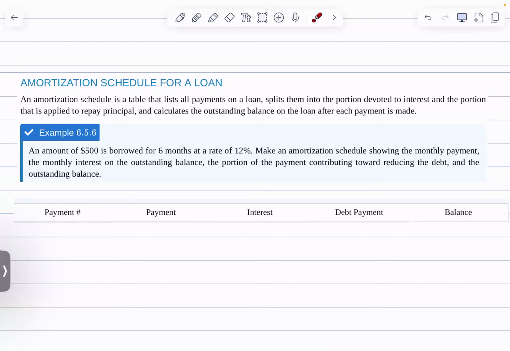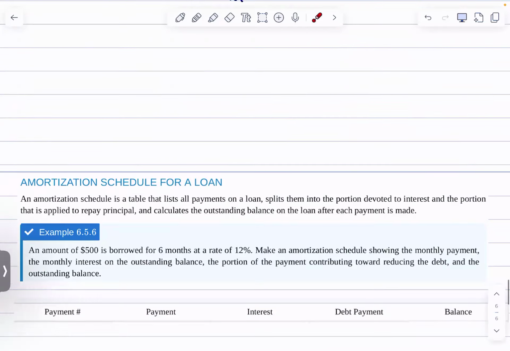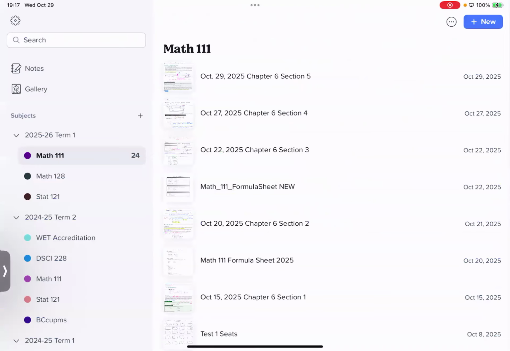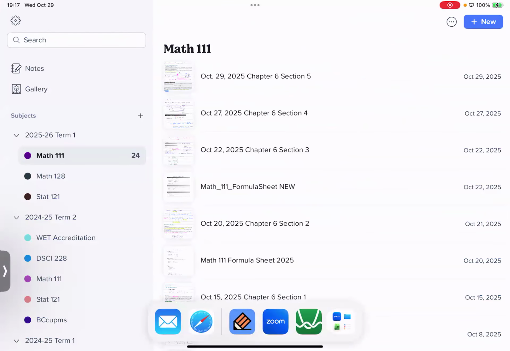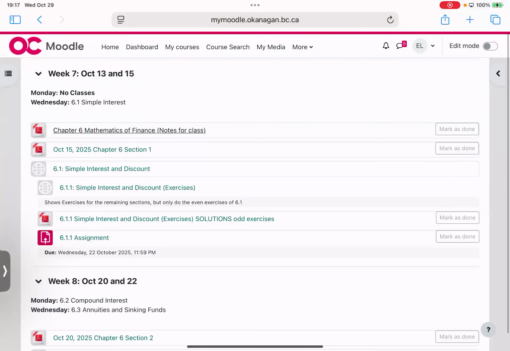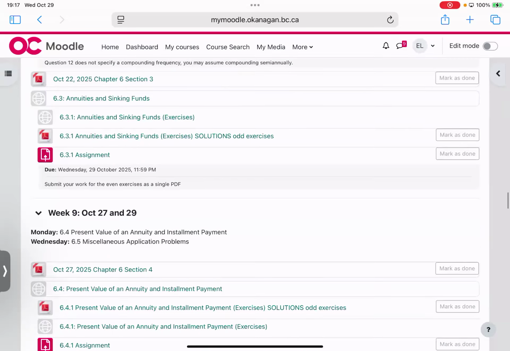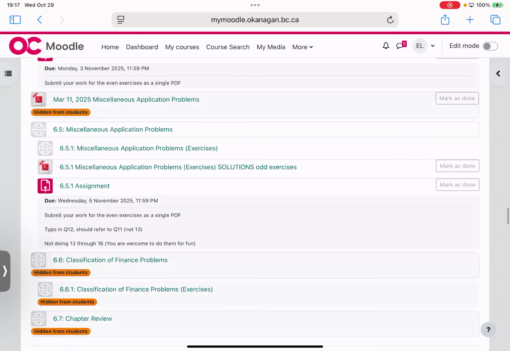The example, I guess I skipped it, because I'm skipping bonds. That's a good thing, because I wanted to highlight that you can skip some questions.